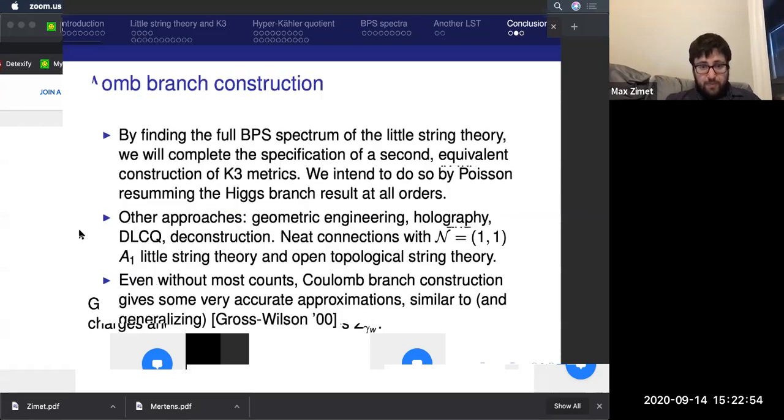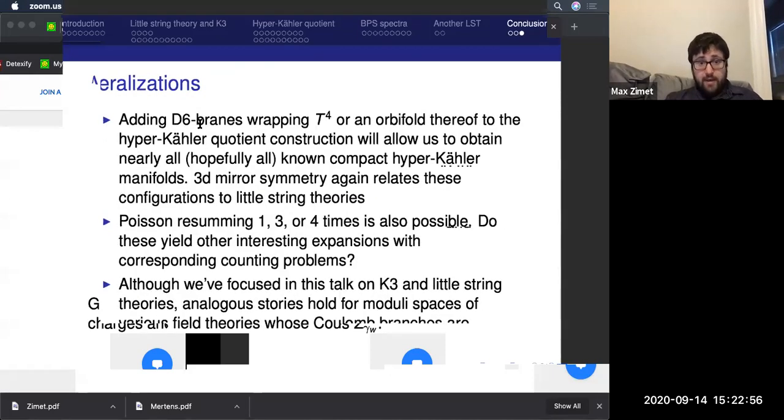Okay, and then more generalizations. I told you how to get metrics on K3 via a hyper-Kahler quotient. We actually think we can probably get at least Hilbert schemes of points on K3 and T4. So that's almost all known compact hyper-Kahler manifolds.